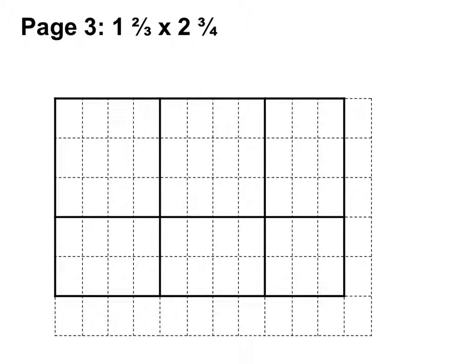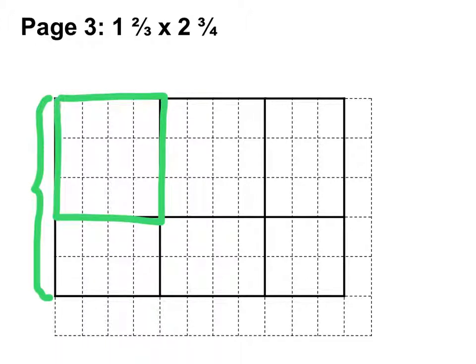So now I have 1 2/3 times 2 3/4. So again, if you notice with the bold, here's my 1 2/3. So this right here is my 1. That's my whole, so my area of 1. So then going across the top, I have 1, 2, and then 3/4.